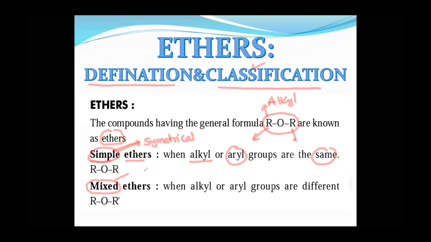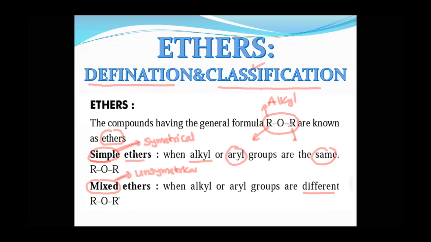Mixed ethers are called unsymmetrical ethers. If one group attached on the oxygen is R, the other will not be R; it will be something else, R dash. Then they are called unsymmetrical ethers, or mixed ethers.